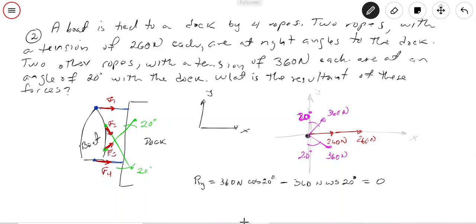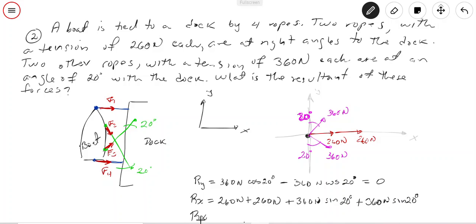Now we can find the resultant of the forces in x, and we have these two forces of 260 newtons. We have now the x components of the forces of 360 newtons. This component over here is the opposite side to the angle of 20 degrees, so it will be affected by the sine. So you can say, plus 360 newtons sine of 20 degrees plus 360 newtons sine of 20 degrees.